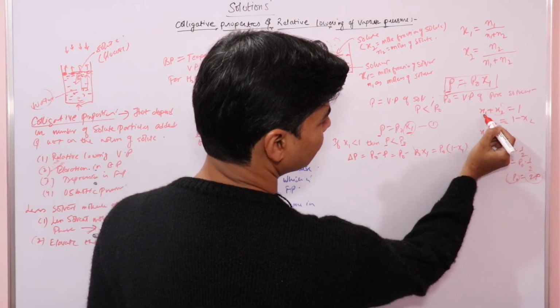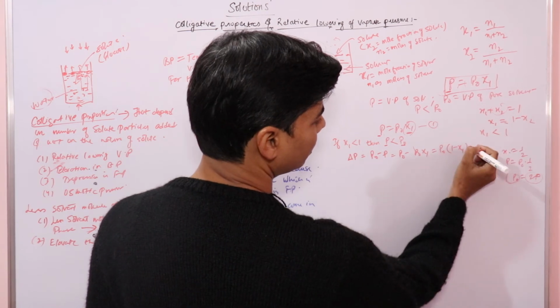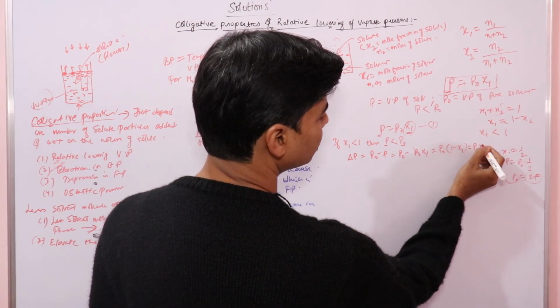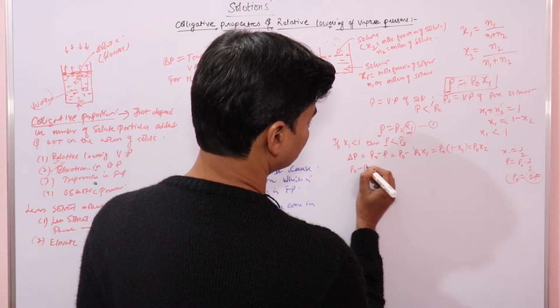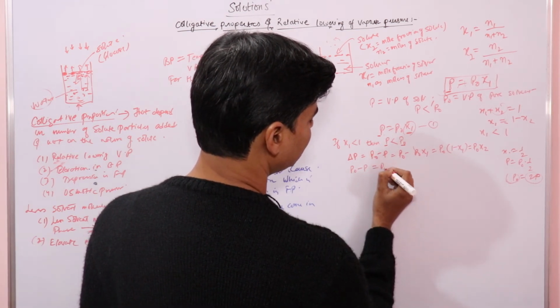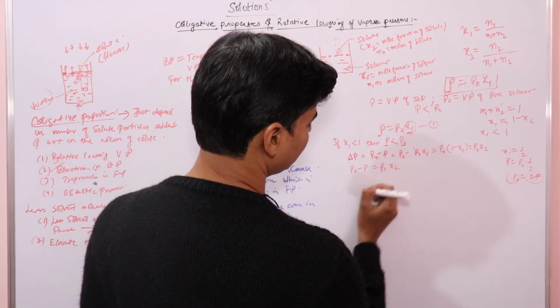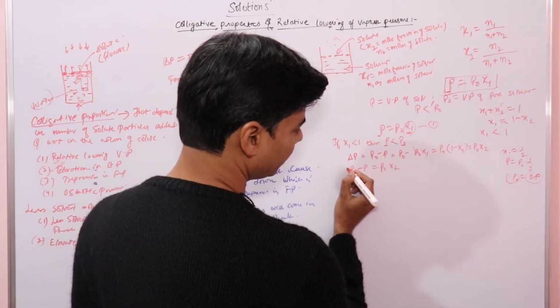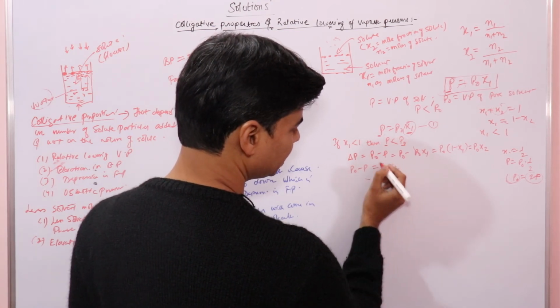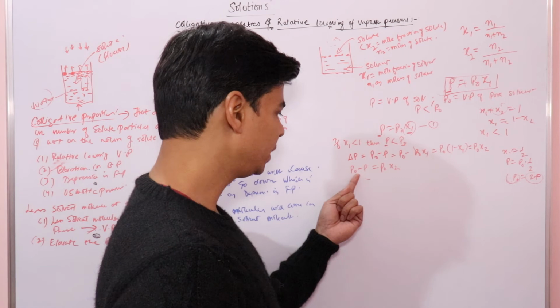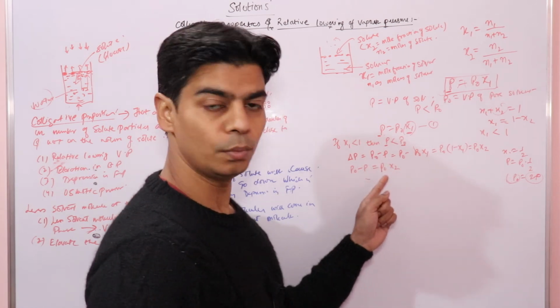From x1 plus x2 equal to 1, it would be P0 x2. So delta P is equal to P0 x2. So this is your lowering in vapor pressure. If I bring P0 over here, this is the lowering in vapor pressure relative to pure solvent.